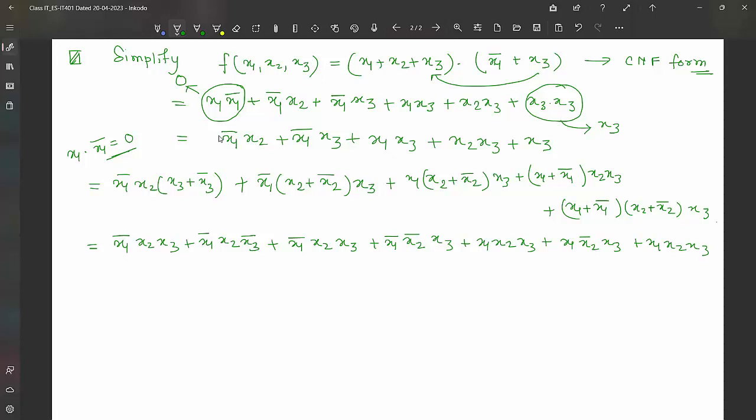So many terms are repeated multiple times, so we can omit those terms in the next step. So x1 bar x2 x3, and after that there will again be so many terms here.